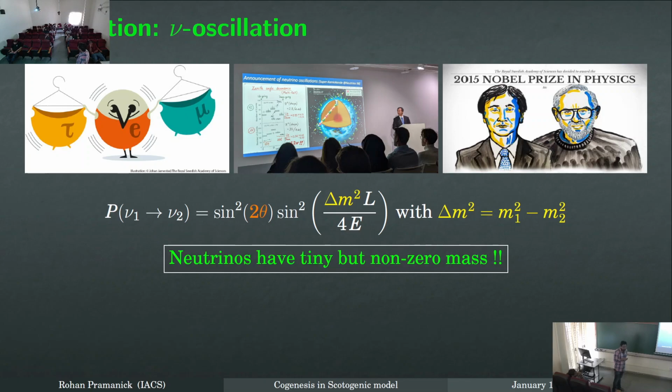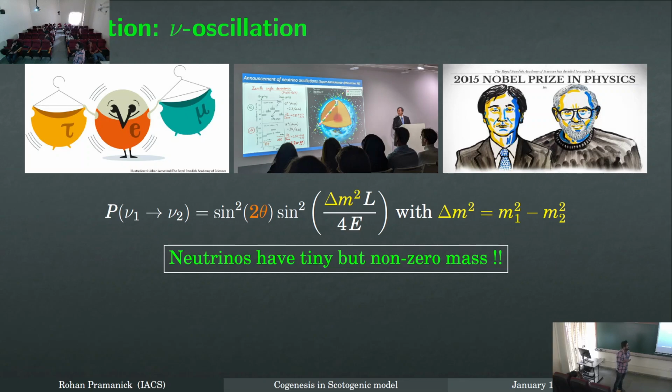and we have confirmed with neutrino oscillation experiments where neutrinos can change their flavor during propagation. That is, an electron neutrino while propagating can change its flavor to a muon neutrino or a tau neutrino with some finite probability, which, if you want to give an analytical description, you need to have some kind of non-zero mass, as written over here, that this P is proportional to sin squared of delta m squared. Now, this delta m squared is nothing but the difference of squared masses of different flavors, and this has to be non-zero.